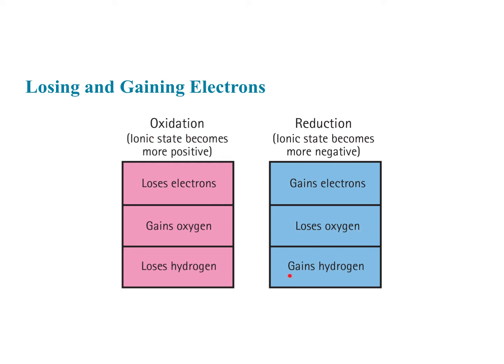If it loses oxygen or if it gains hydrogen, that's indicative of a reduction reaction. So the main point is it's not just whether you're losing individual electrons or gaining individual electrons. There are other ways that you can have these oxidation reduction reactions. But in each case, what happens is the ionic state becomes more positive in an oxidation and the ionic state becomes more negative in a reduction.